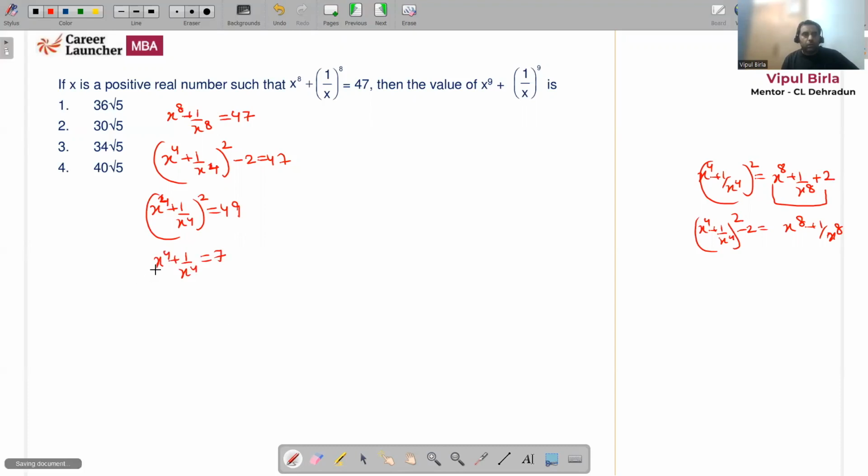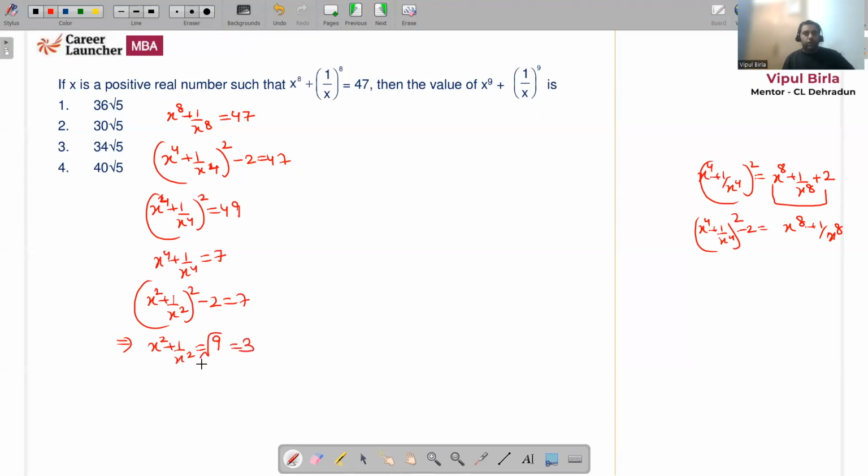Now, reiterating the same thing, this can be written as x square plus 1 upon x square minus 2 is equal to 7, which implies x square plus 1 upon x square is equal to square root of 9, which is 3.